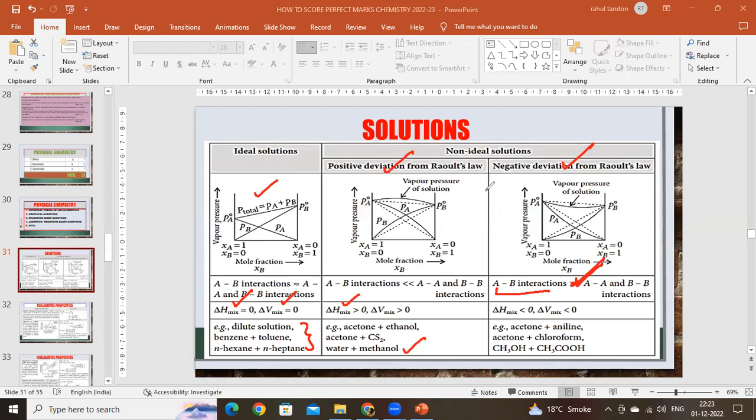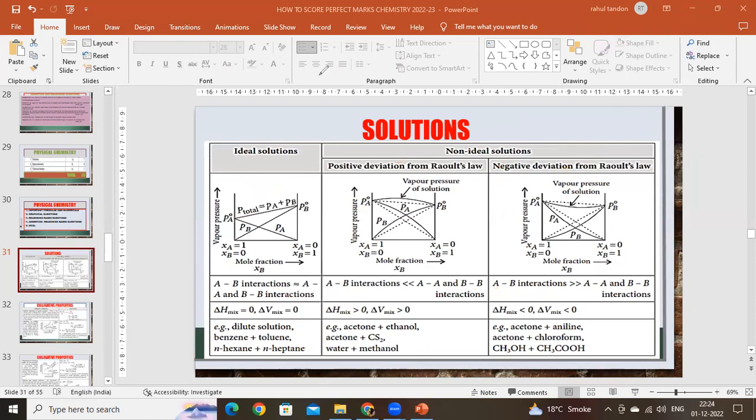The best example is acetone and chloroform, because neither acetone nor chloroform has a tendency to form hydrogen bonds, but when you mix them, they are capable of forming hydrogen bonding between them. So a very good example of negative deviation.